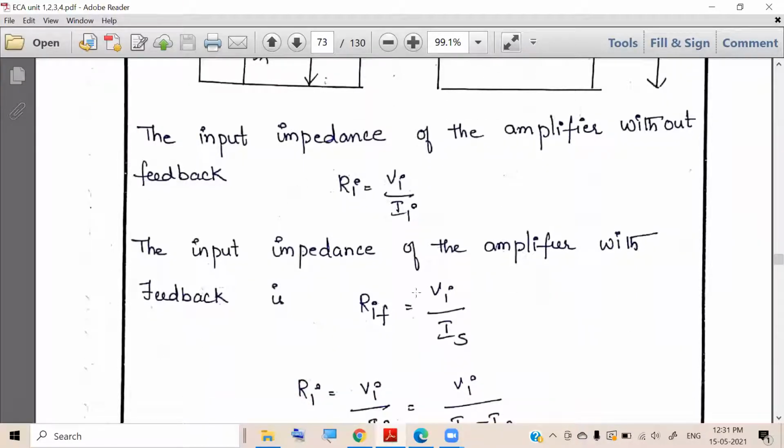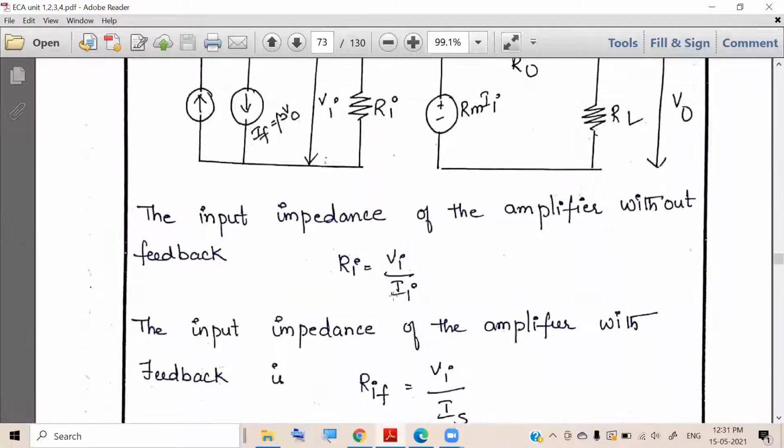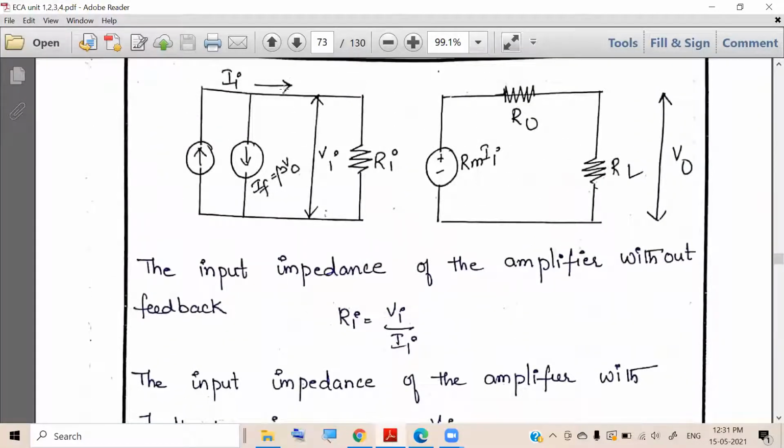Next, we can represent Ii in terms of Is minus If. If you apply KCL here, this current Ii we can represent as Is minus If.